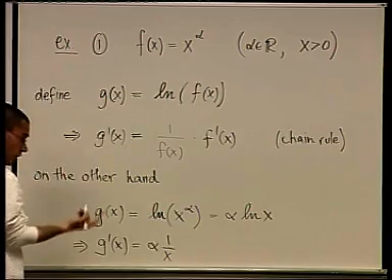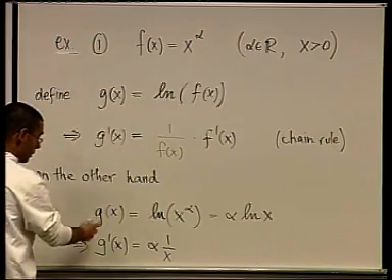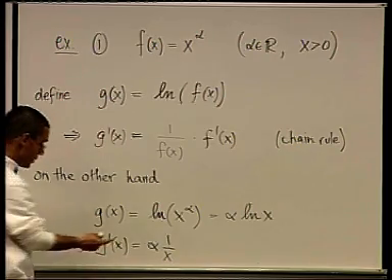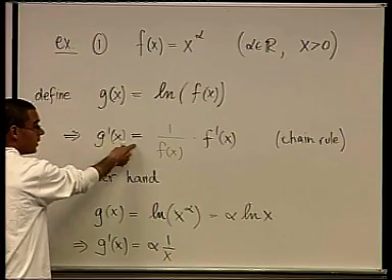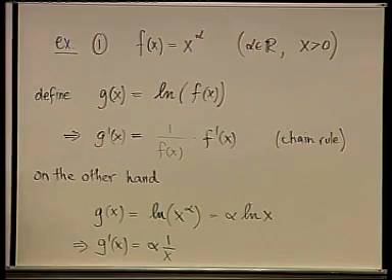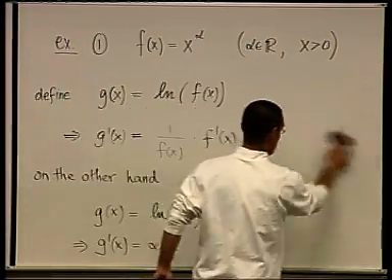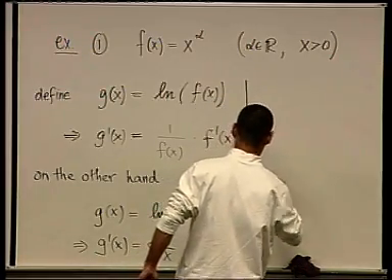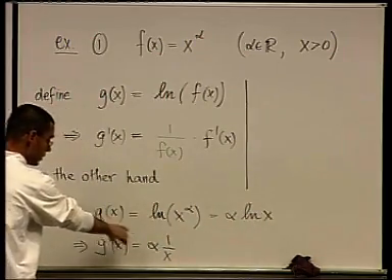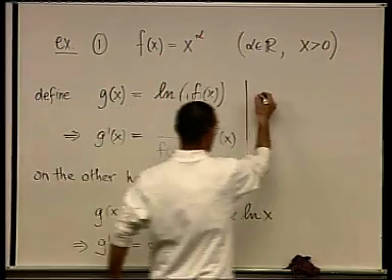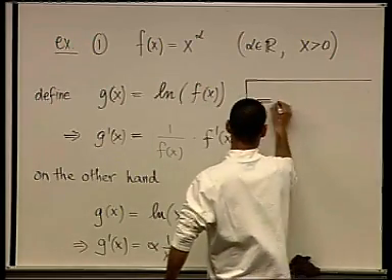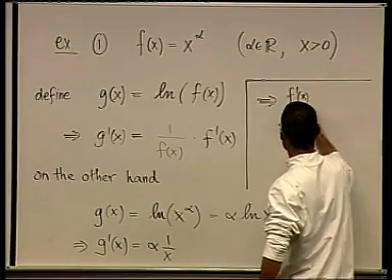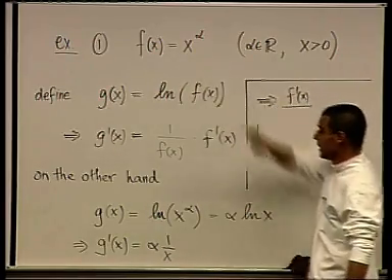So I took the derivative of g in two separate ways. But it's, of course, the same function. The answers have to be the same. So this has to equal this. Let's write that and see what we get. Let me erase the words chain rule here and clear some more board. So this is equal to this. So therefore, we can say that f prime x divided by f of x, but I know what f of x is.